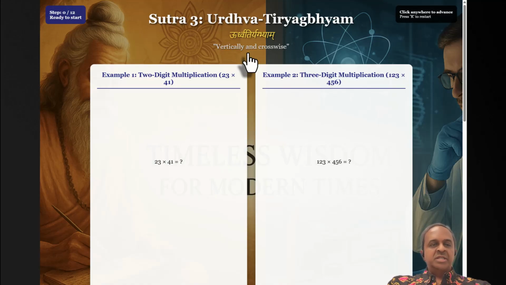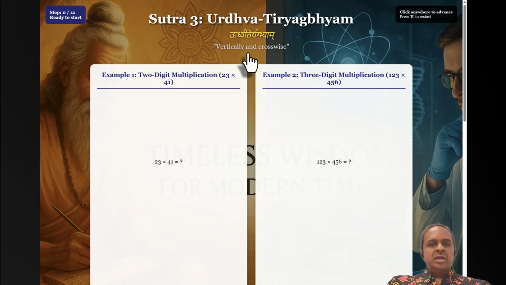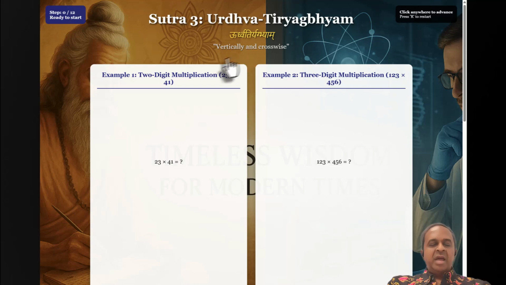Before we begin our first example, let's understand the deeper meaning behind this sutra. In authentic Vedic mathematics, this principle reveals how multiplication can be restructured into a pattern of vertical and diagonal operations.